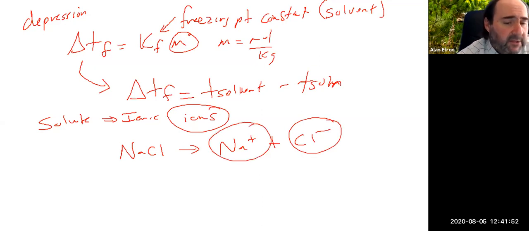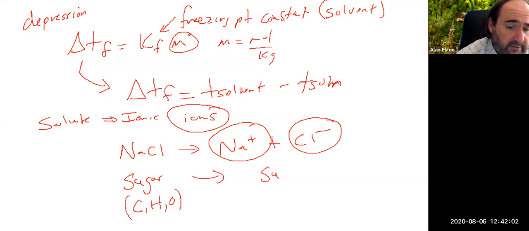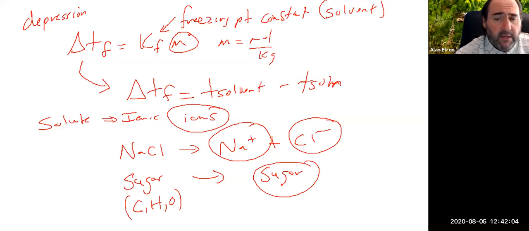So we're getting a 2-for-1 deal, versus something like sugar, which is carbon, hydrogen, and oxygen. When that goes in there, we get 1 sugar molecule, a 1-to-1 relationship. So when we put sugar in there, it's not going to have as much of an effect on things like boiling point or freezing point as when you put something like sodium chloride in there. Again, you're getting a 2-for-1 situation. You've got twice as many particles flying in the way of these normal processes. So that's where we use that van't Hoff factor, which is the i.